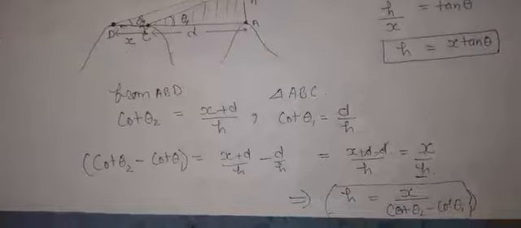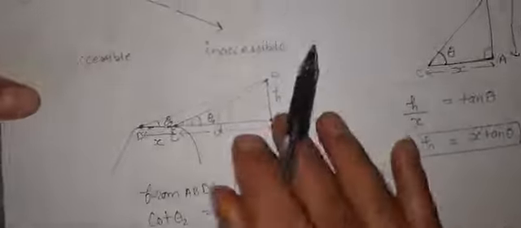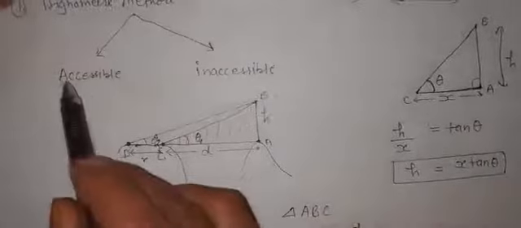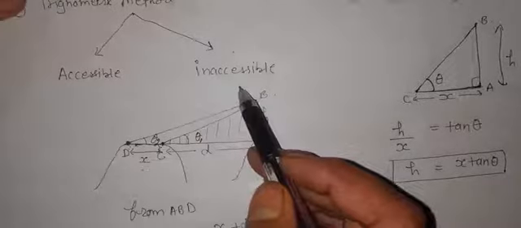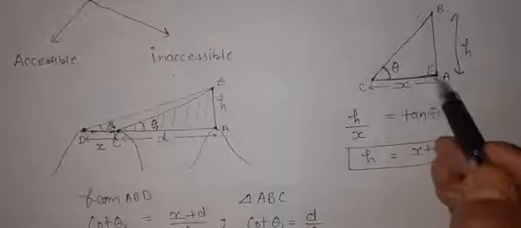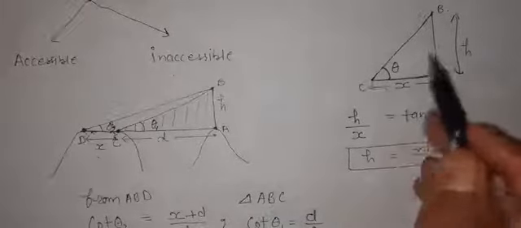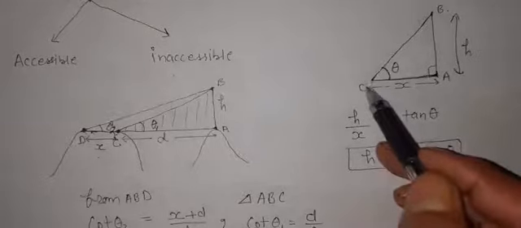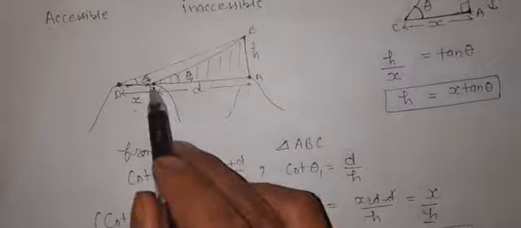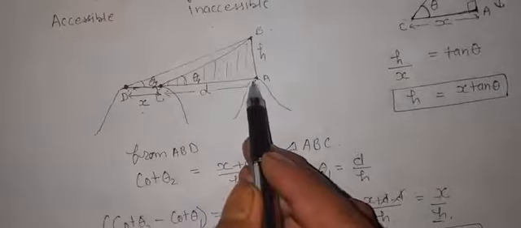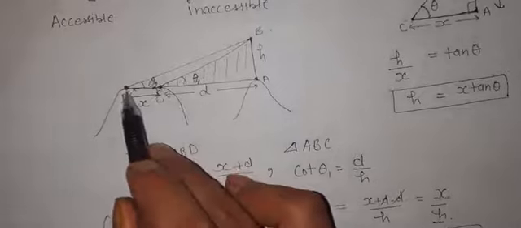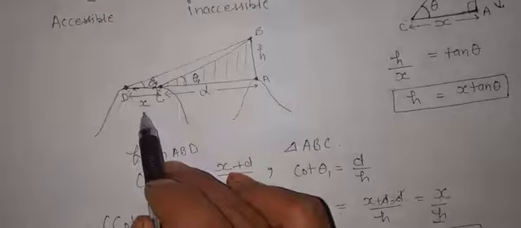Okay, so thus we come to know that with the help of this trigonometric method, we are able to find those accessible and inaccessible distances. Accessible, in which we knew at what distance we were standing from the foot of that tree or mountain. While in this second case, due to some reason we did not know at what distance we are standing, but after this we moved by a known distance.